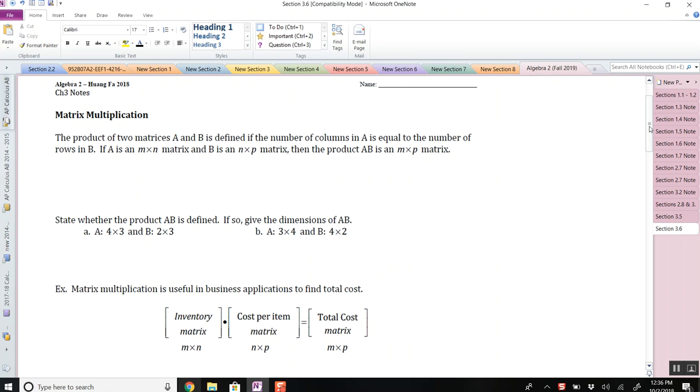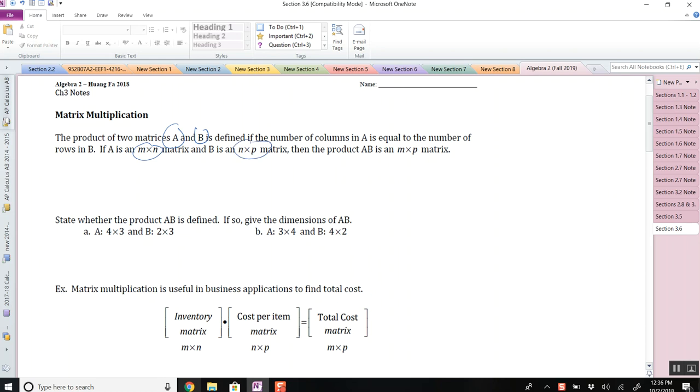Say, for example, we have two matrices, we'll call them A and B, and we have the columns and the rows defined for each of those matrices. Matrix A is an m by n, matrix B is an n by p.